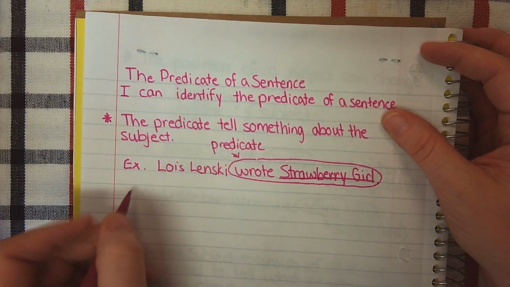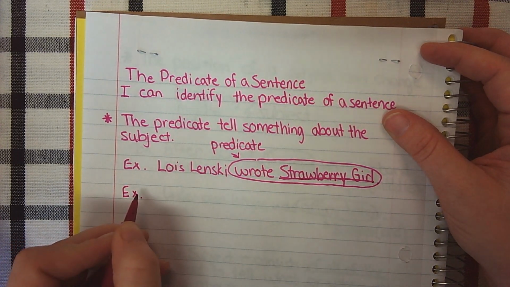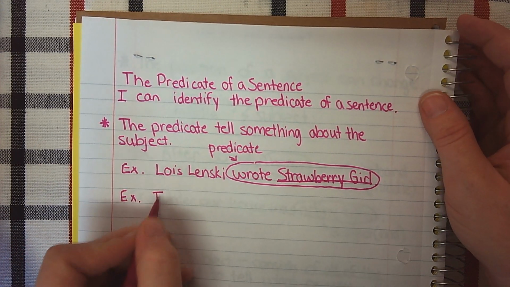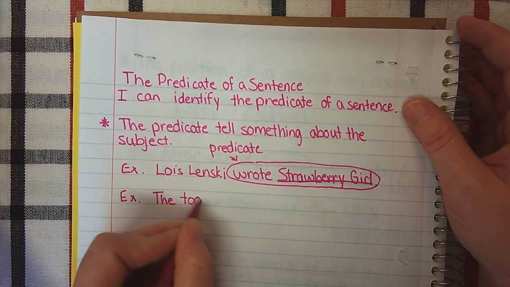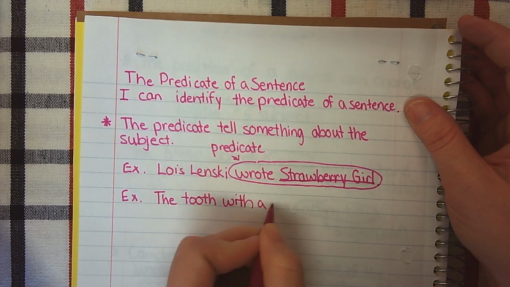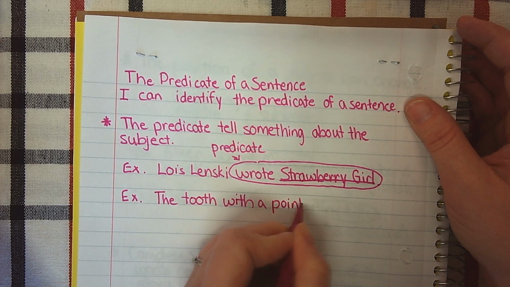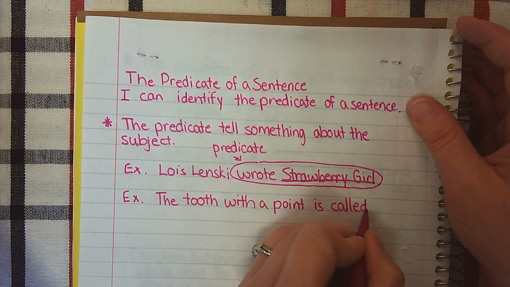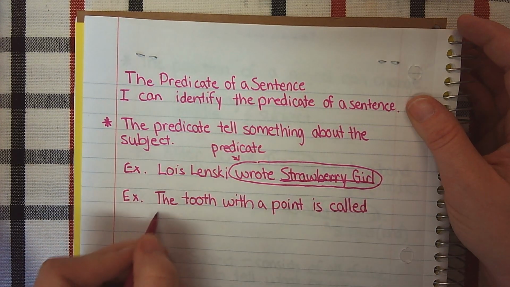Here's another example. The tooth with a point is called a canine.